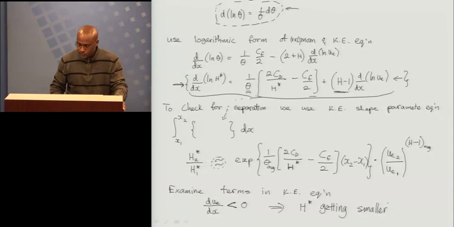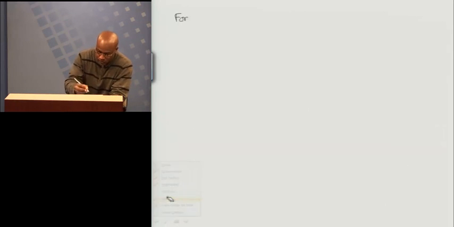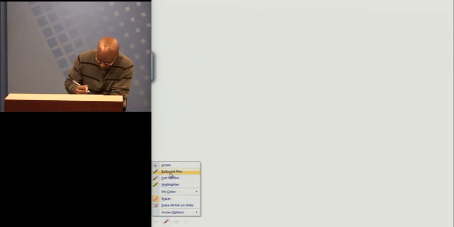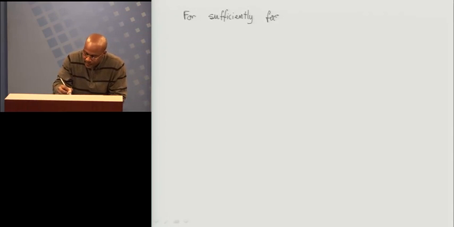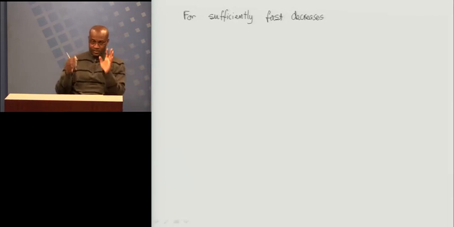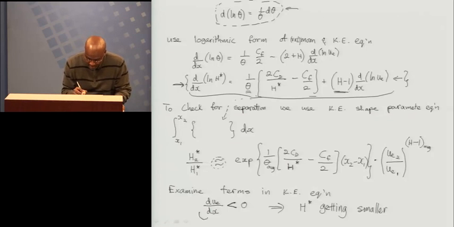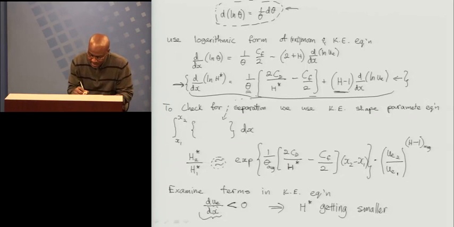And for sufficiently fast decreases in my velocity, so in my dUE, if that thing is really fast, then I could represent that as this dx being really small.